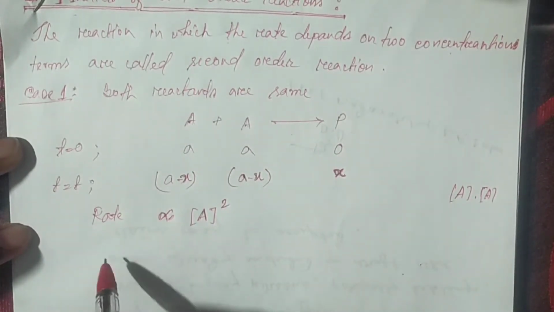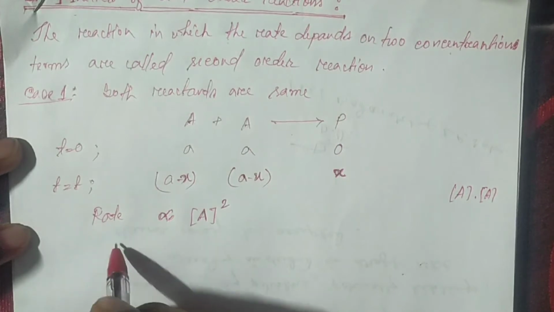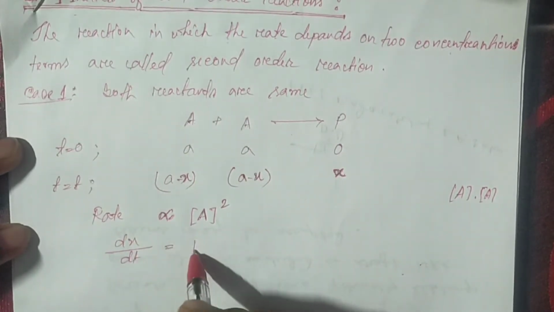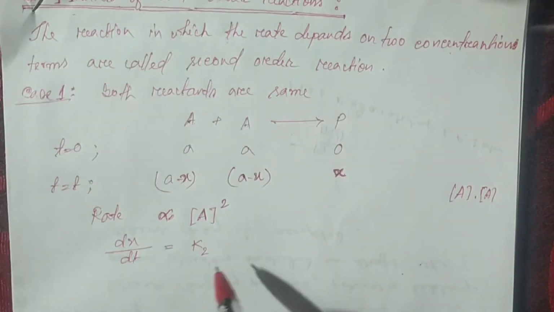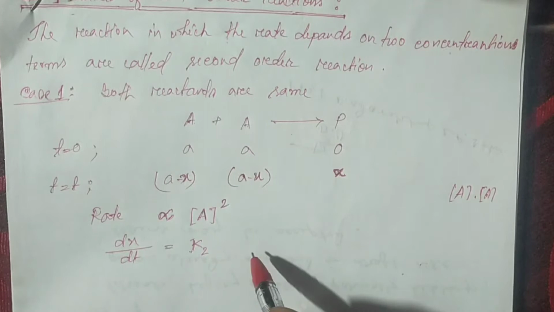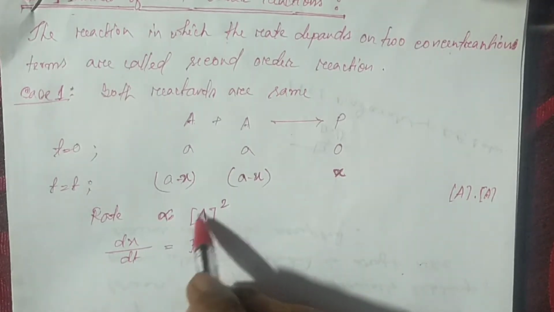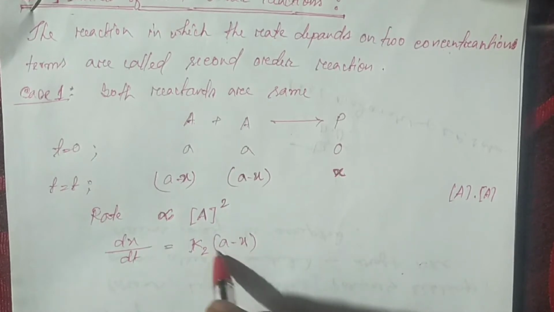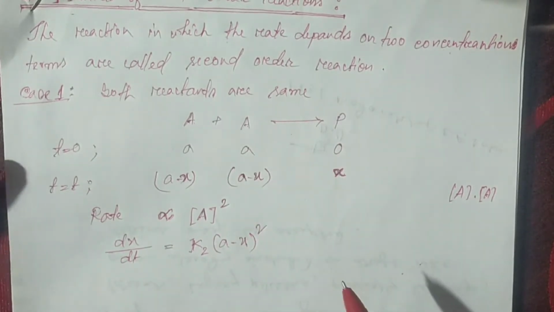Then we can write the rate as dx by dt is equal to k2, the rate constant for second order reaction, and instead of A I will write a minus x, squared.